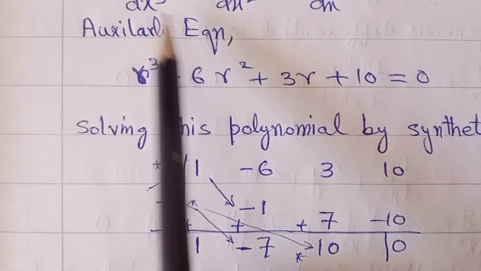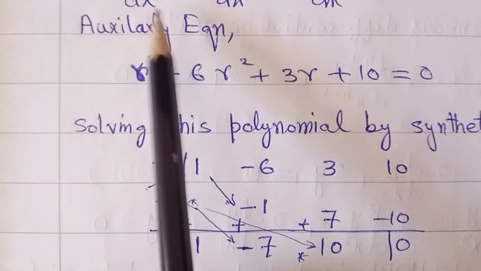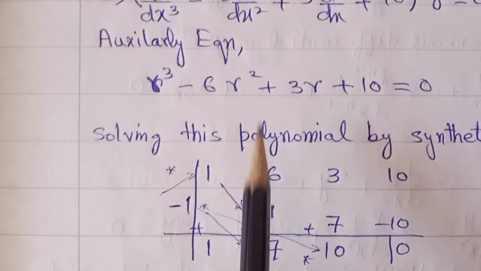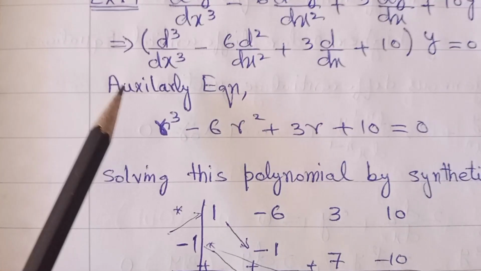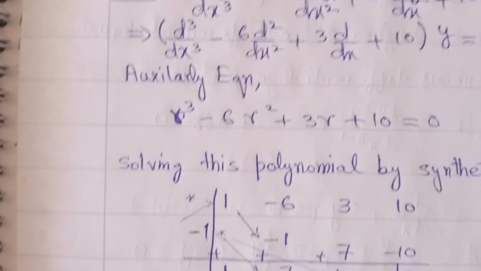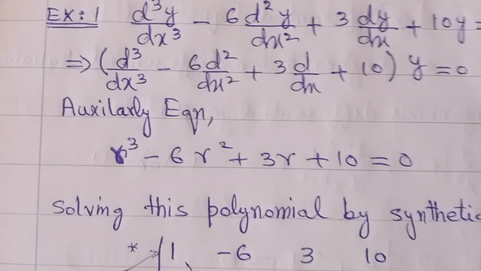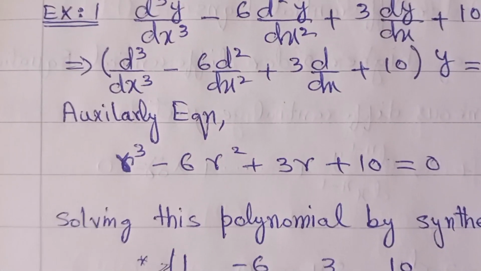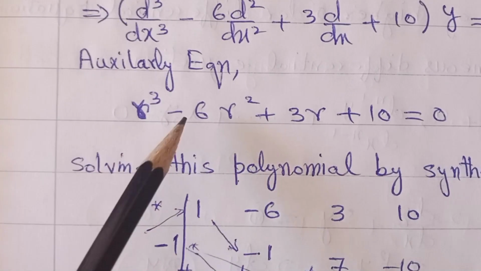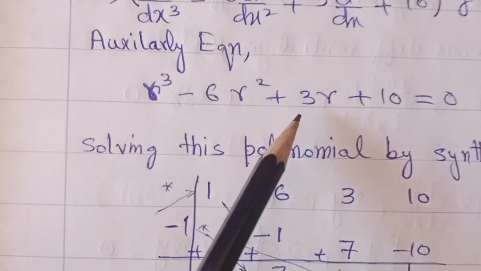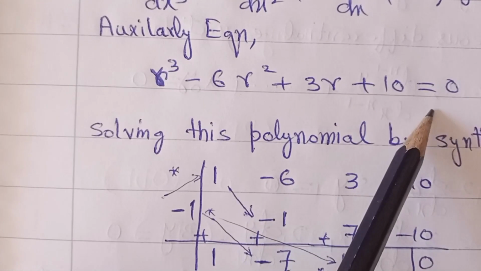Now we will establish the auxiliary equation from this equation, that will consist of an arbitrary variable, that is we are considering r, so that this equation can be written as r cube minus 6r square plus 3r plus 10 is equal to 0.